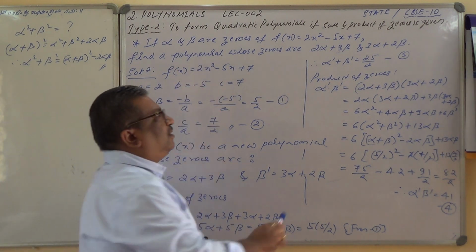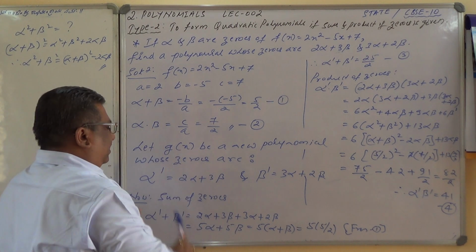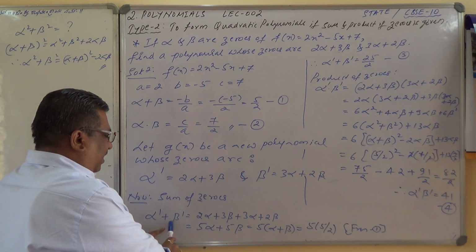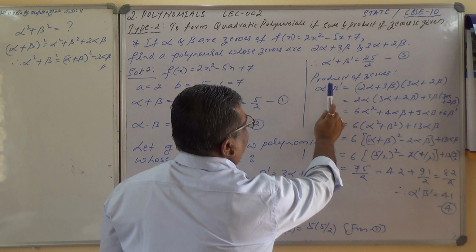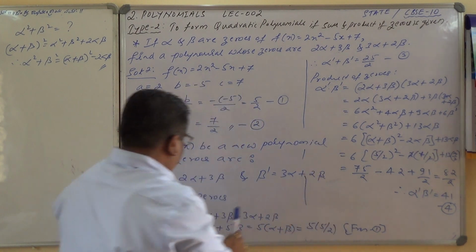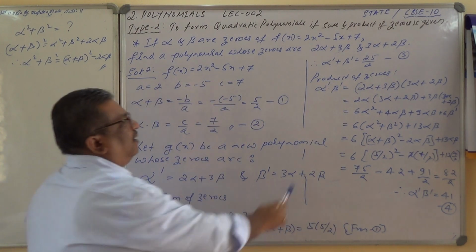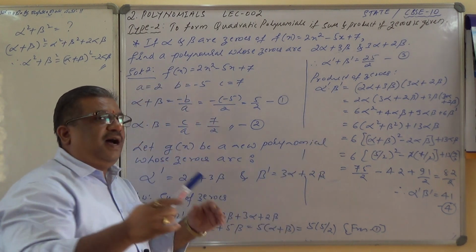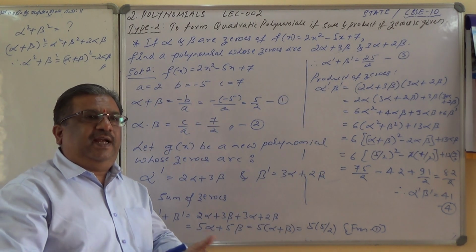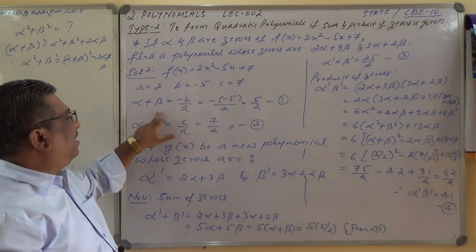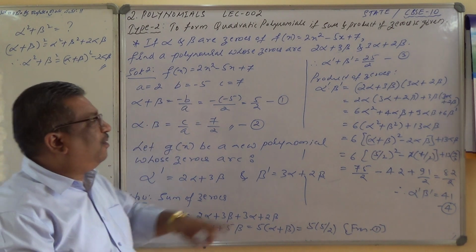Finally, for a new polynomial g of x, the sum of zeros is alpha dash plus beta dash and the product of zeros is alpha dash into beta dash. I was able to express alpha dash plus beta dash and alpha dash into beta dash in terms of alpha plus beta and alpha into beta, and therefore I got these values.